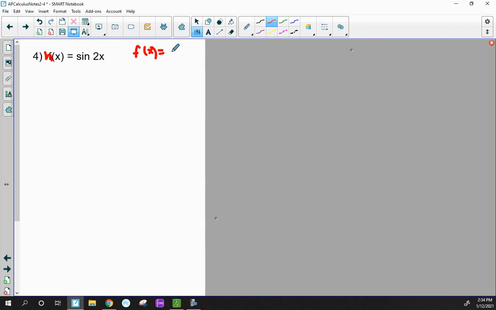The outer rule is sine of something. So we're going to just say the basic one, sine of x. So the inside piece, which is what would have to have been substituted in place of x to get it to be composed. This is a composition or composite function. I had trouble with that. Composite function, there we go. That would be 2x.